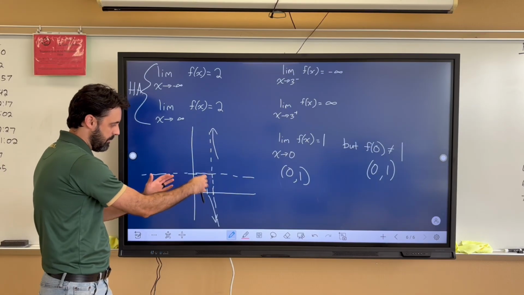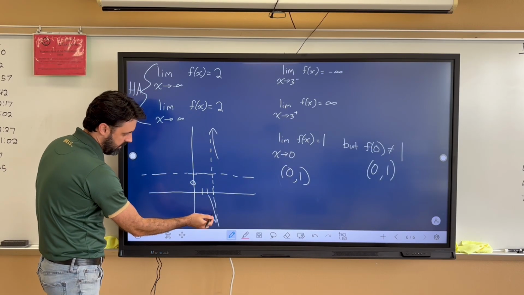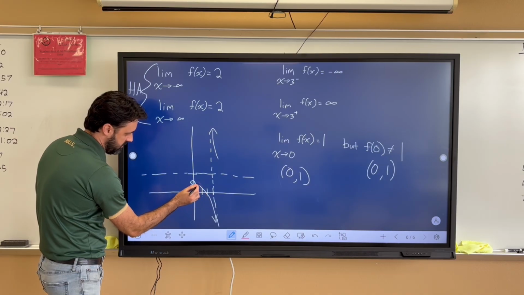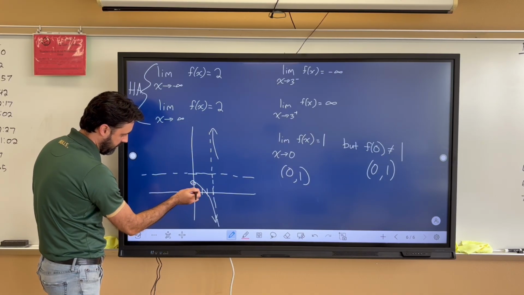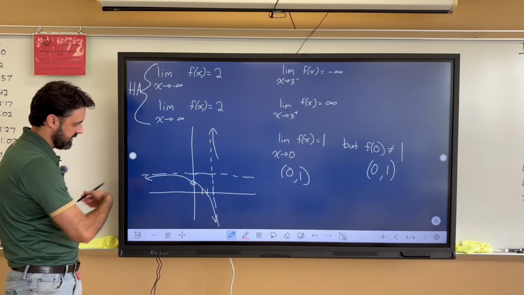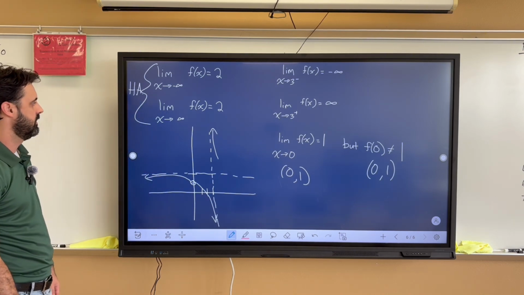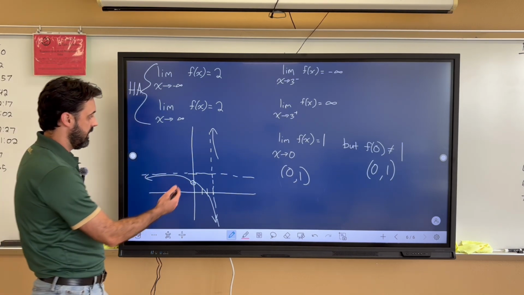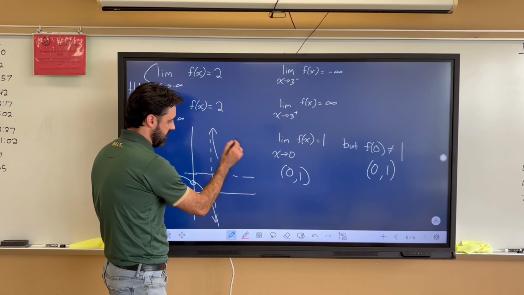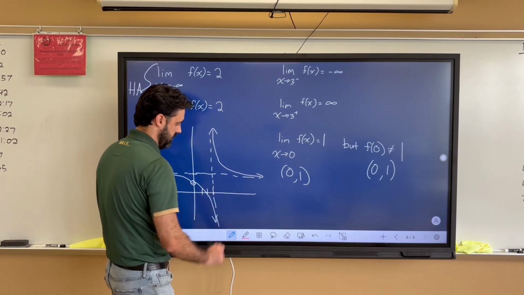It's almost like it's boxed into this section and boxed into this section. And so our graph is just going to pass through the x-axis, jump around the hole there because there's no point there, and then finish like that to the left. The graph looks a little funky, but if it was smoother, that'd be a better graph. And then to the right here, it's kind of stuck in this section. So the graph is going to head towards that horizontal asymptote.